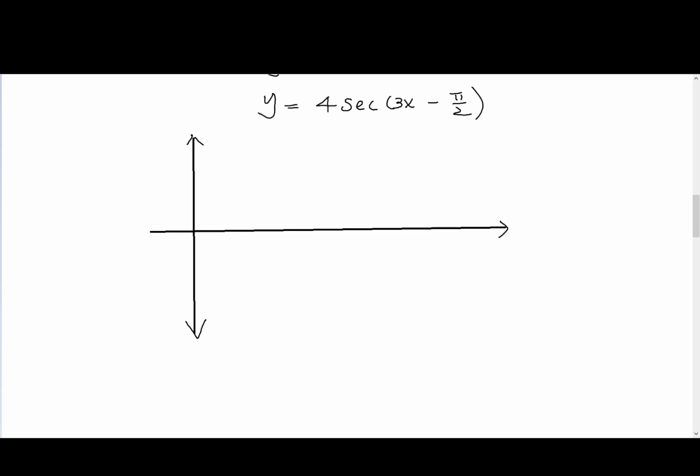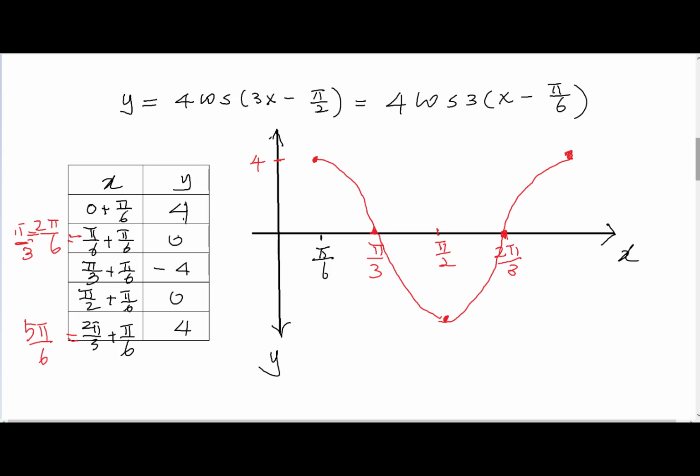And now, from this graph, I am going to show you how to graph y equals 4 secant 3x minus pi over 2.